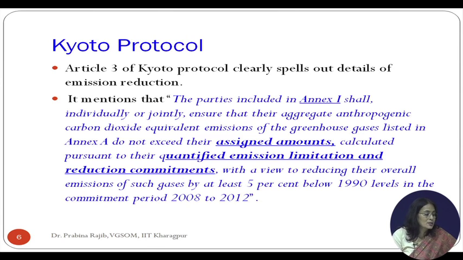It mentions that the parties included in Annex 1 shall individually and jointly ensure that their aggregate anthropogenic carbon dioxide equivalent emissions of greenhouse gases listed in Annex A do not exceed their assigned amounts, calculated pursuant to their quantified emission limitation and reduction commitment, with a view to reducing their overall emission of such gases by at least 5% below 1990 level in the commitment period 2008 to 2012. So all member nations agreed to reduce their GHG emission with respect to the 1990 level.